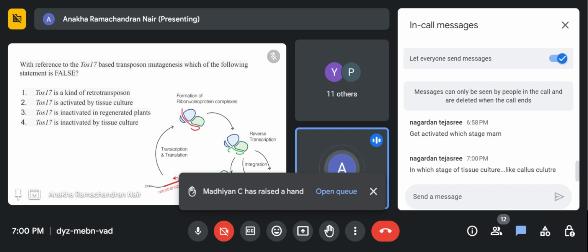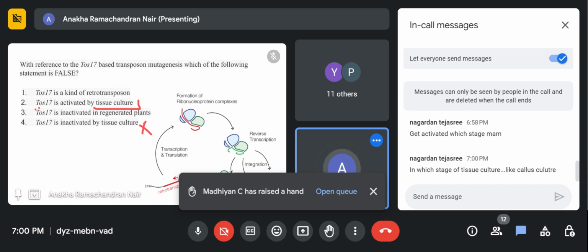So the correct answer is that it is inactivated by tissue culture. In this case, it is not mentioned specifically in the question itself, but what this means is the callus stage, the tissue culture. So option one, TOS17 is a kind of retrotransposon, is correct.